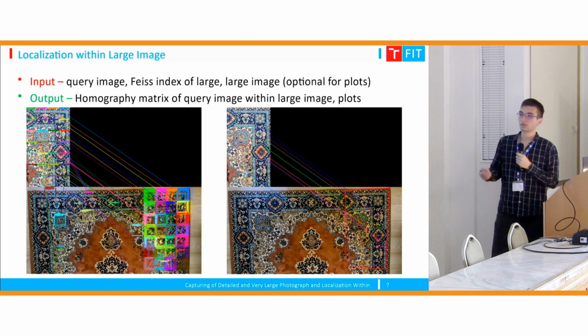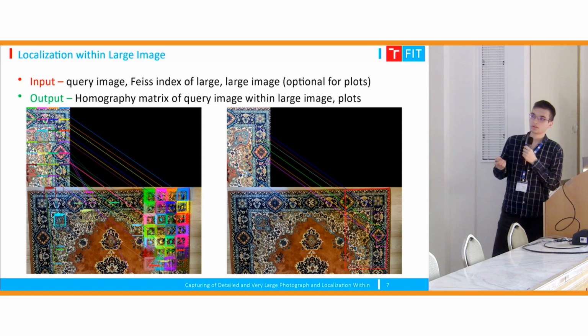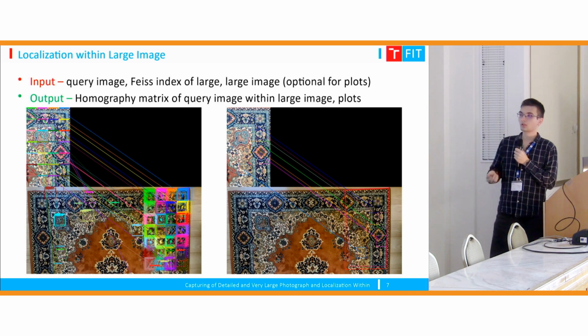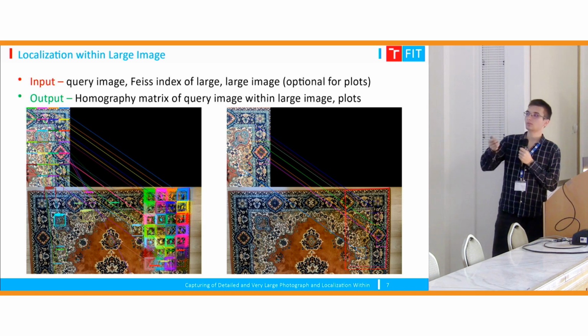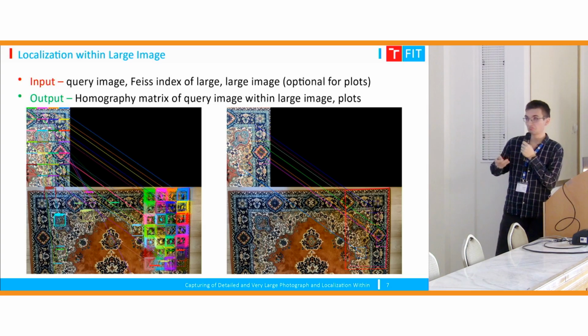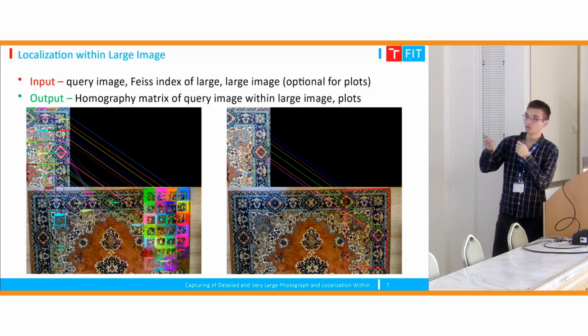These are some results for the localizing process. On the left side, we have the image we want to localize within the big picture, and the patches where the potential hypotheses of the localization for small parts of the query picture are.